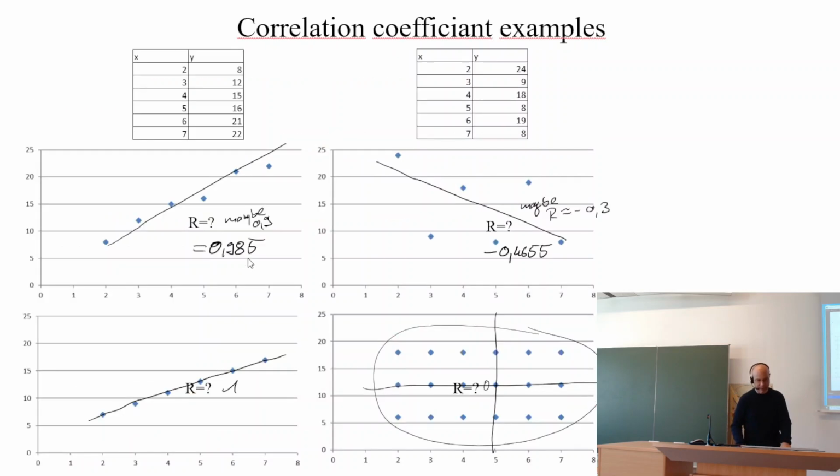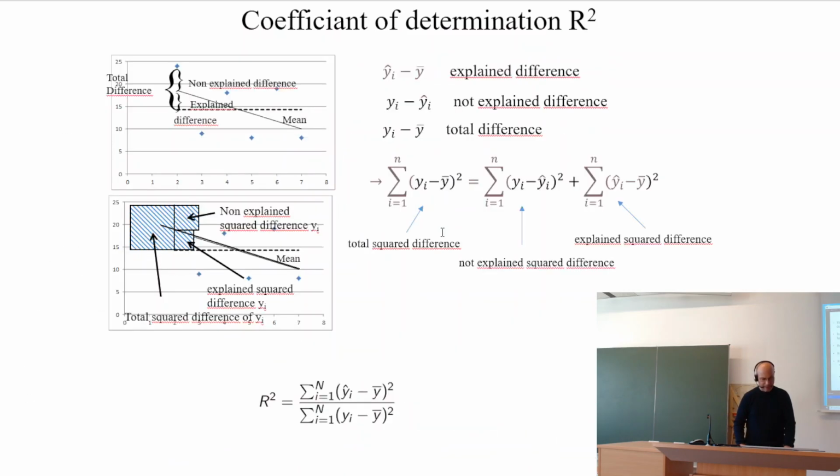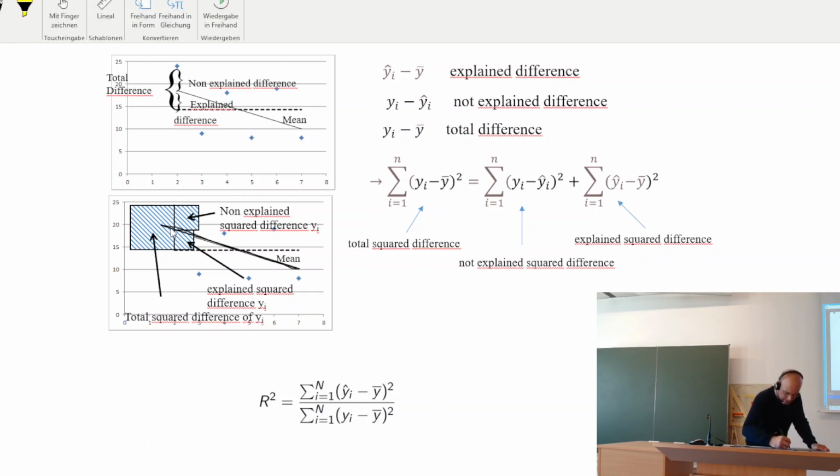If we go to this formula here, then these are all squares with respect to the mean of our variable y. And this we see here, that this is our regression line.